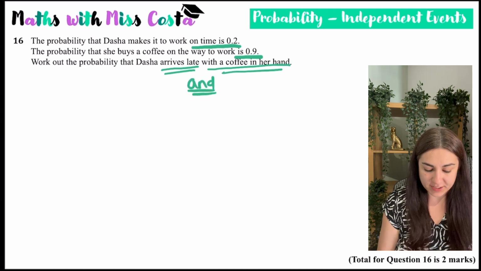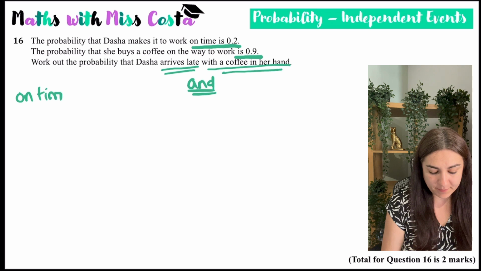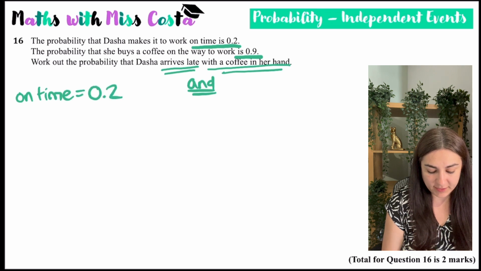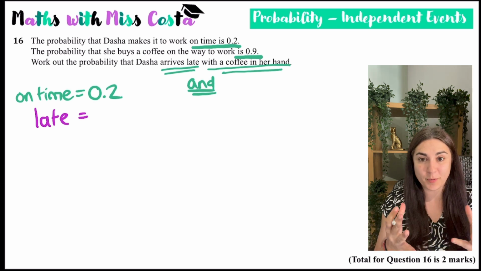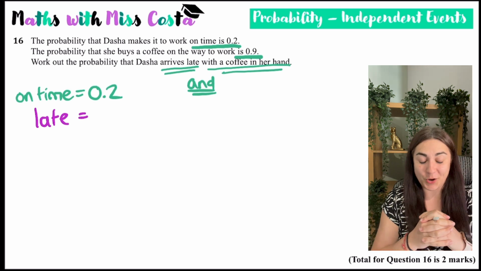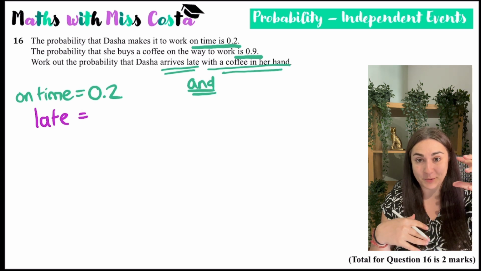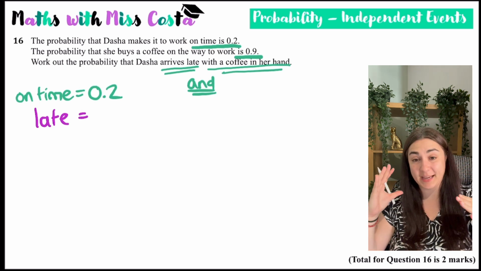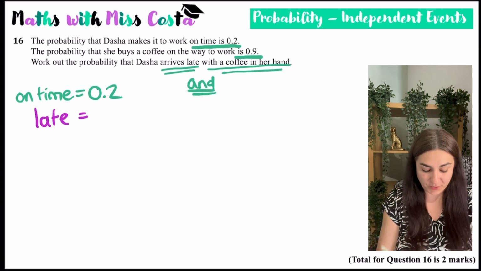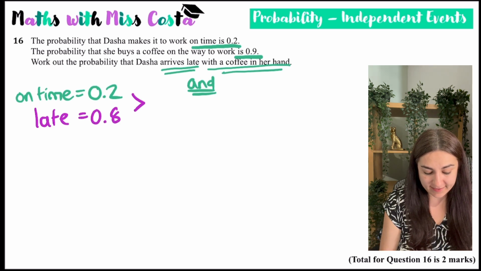So the first thing I want to do, I know that the probability of her being on time is 0.2. So I want to work out the probability that she arrives late. Well, with probability, your probabilities have to sum to 1. So the probability of her arriving late is going to be 1 take away 0.2, which is 0.8.